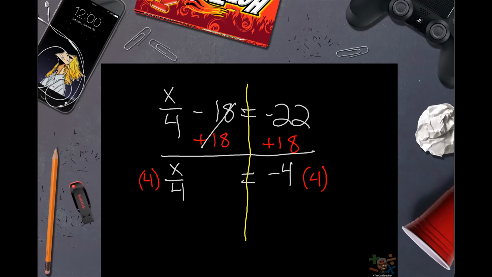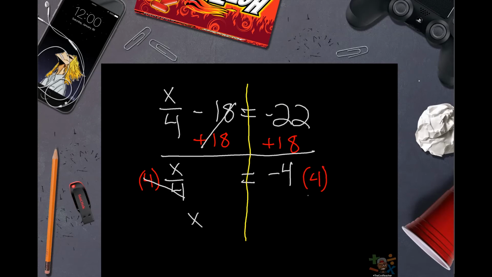When I do that, these cancel, leaving me with just an x. And I have negative 4 times 4.